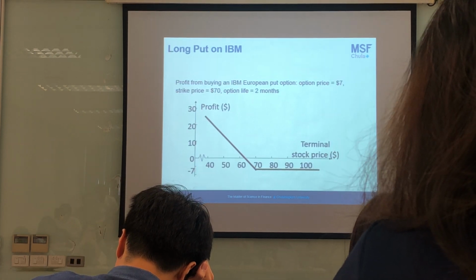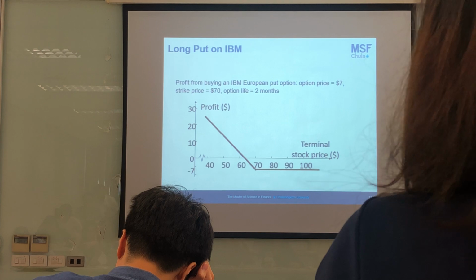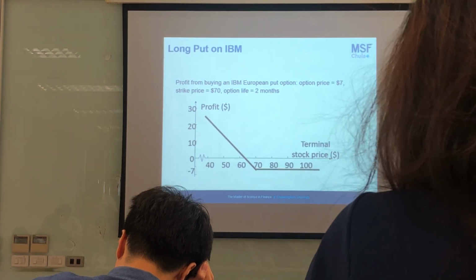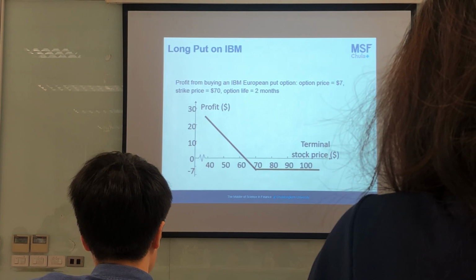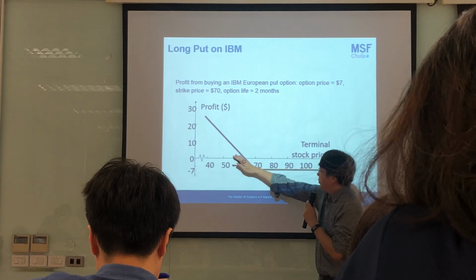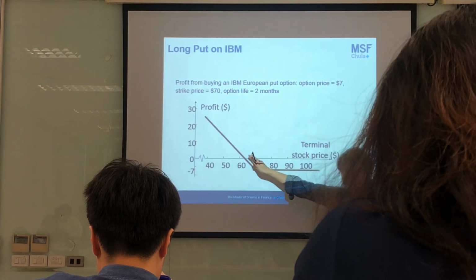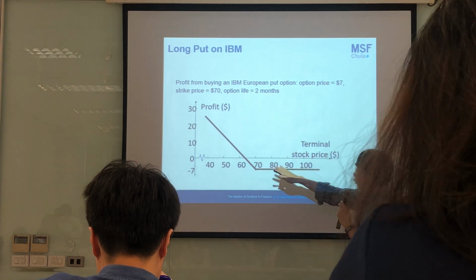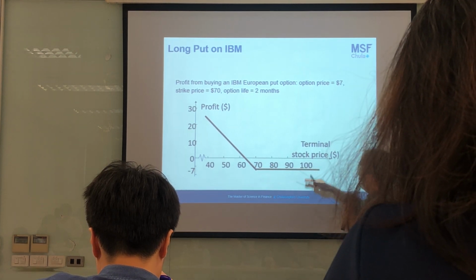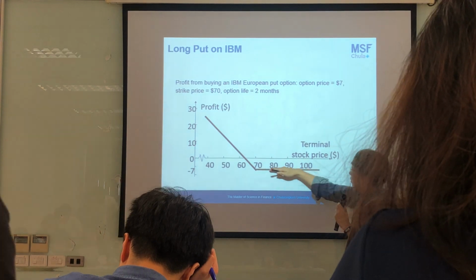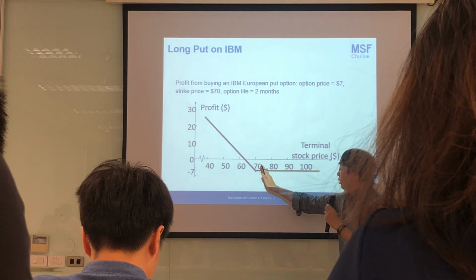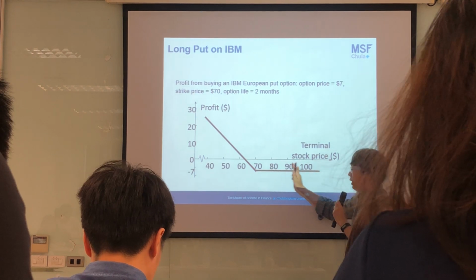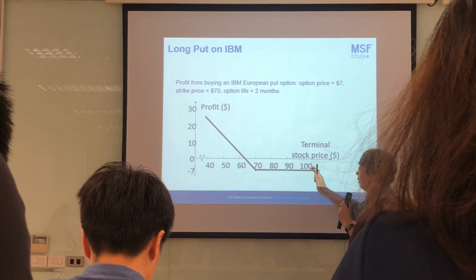Any questions here? And here is the net profit loss for longing the put option. You can see that the graph would be the opposite of the call. When the value of the stock is higher than the exercise price of 70, you lose $7, the premium.